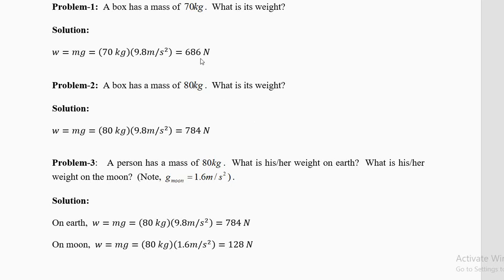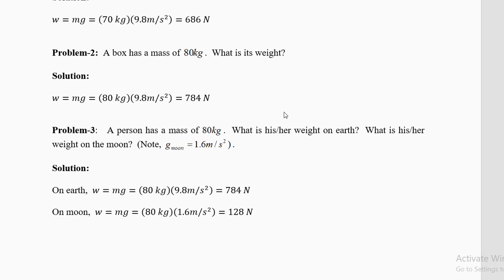If you write 700 in the first answer, it will be wrong. I am just helping you to estimate it. Sometimes you are standing on the road without a calculator, you want to guess the number, estimate it. You will say, okay, 80 into 10, 800. It is a little less than 800. How much less? You need a calculation, and it is 784 newtons.